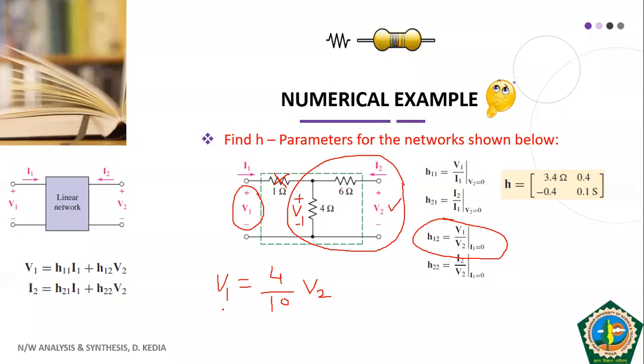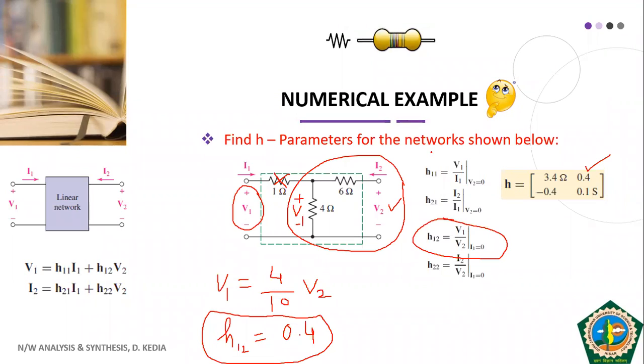You take V2 towards the left hand side, and V1 by V2 comes out to be your H12, which is 0.4. This is also voltage gain, so there will be no unit. With this we are able to find out all the 4 H parameters.